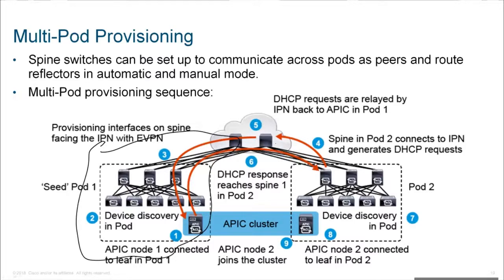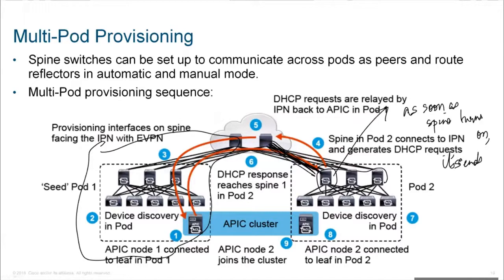Okay. Now we are going to pretend that we power these on, or at least one of the spines on. Turn this on, connect it to the IPN. As soon as the spine turns on, remember, it sends a DHCP request.